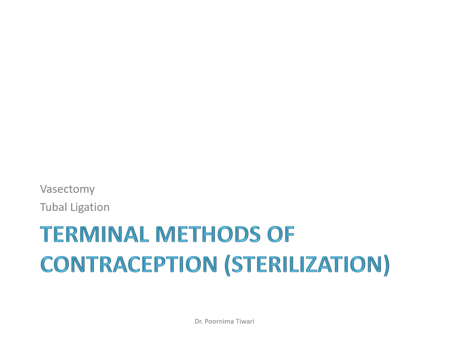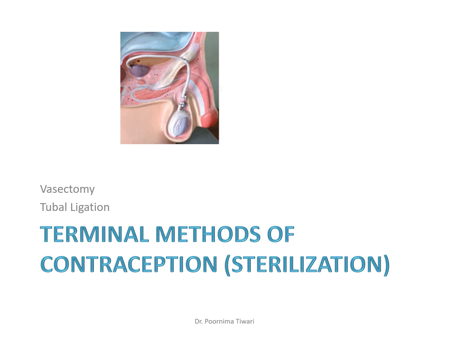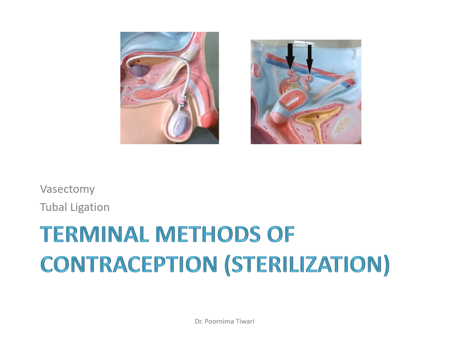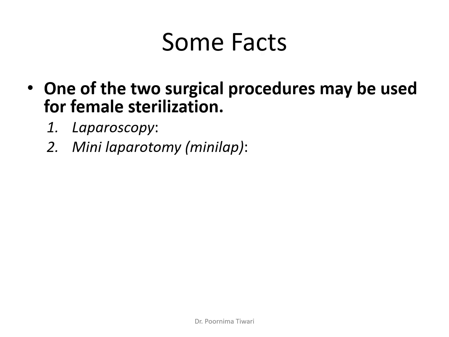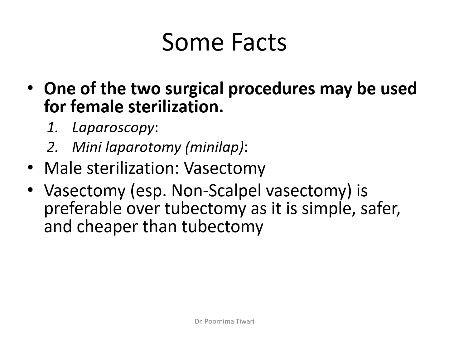Terminal methods of contraception include vasectomy in male and tubectomy or tubal ligation in female. Some facts about the terminal methods: in female sterilization, either laparoscopy or mini laparotomy are the two surgeries which can be performed. Male sterilization is known as vasectomy.